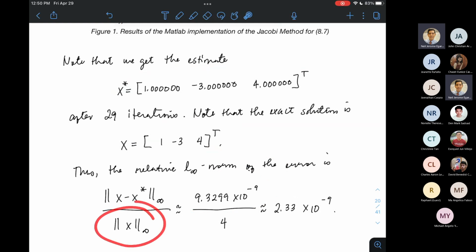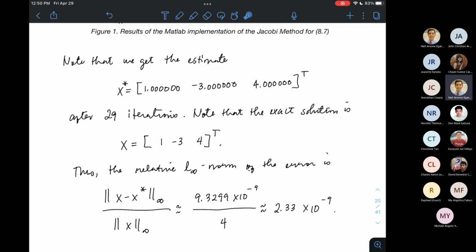And the L infinity norm of X, madaling makompute yon kasi ang L infinity norm niya lang naman ay yung pinakamalaking absolute value. Ito yung entries ni X, pinakamalaking absolute value sa kanya ay si 4, so ang denominator ko ay 4. So essentially here we see that the relative error is about 2.33 times 10 to the negative 9.